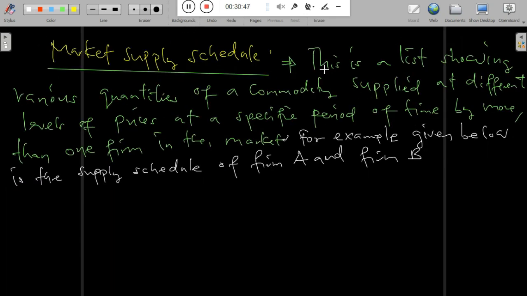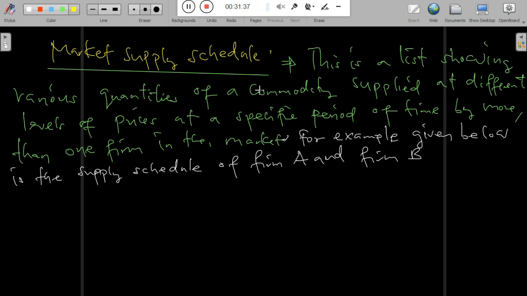The market supply schedule is a list showing various quantities of a commodity supplied at different levels of price at a specific period of time by more than one firm in the market. For example, given below is the supply schedule of firm A and firm B. Something to note: what is the difference between the individual supply schedule and the market supply schedule?